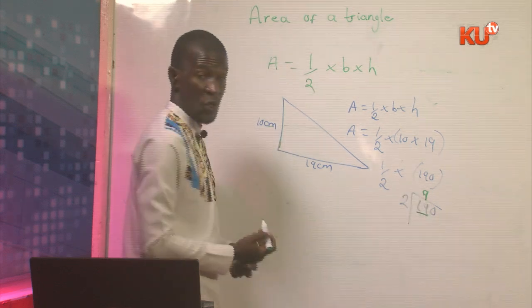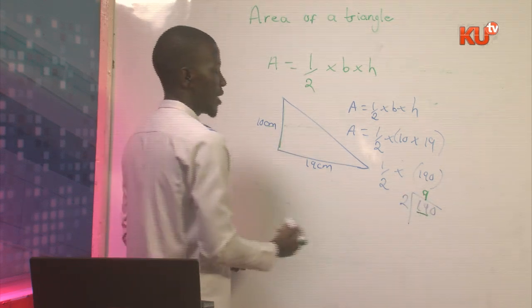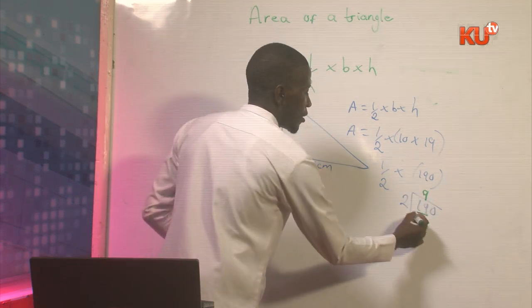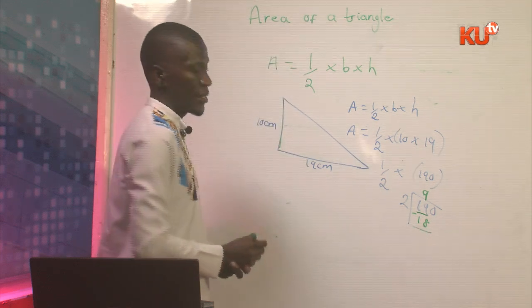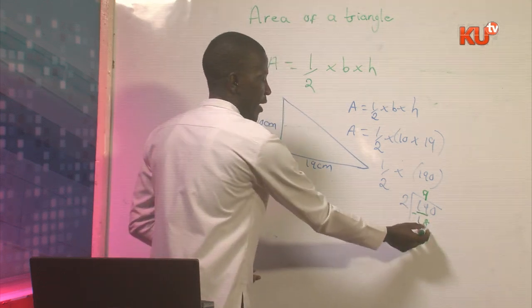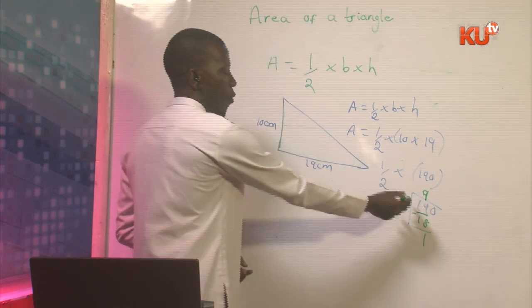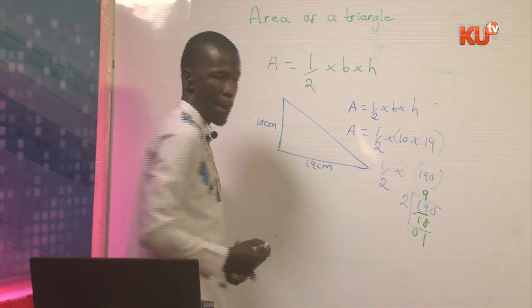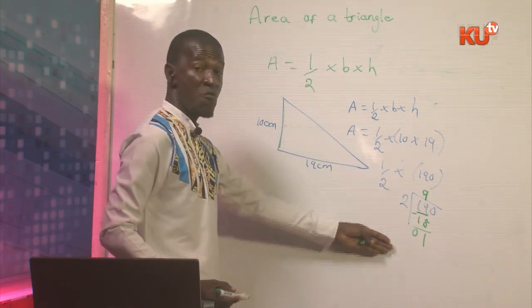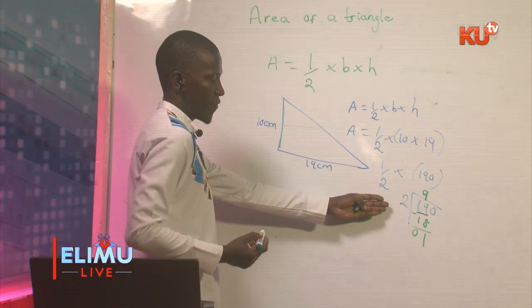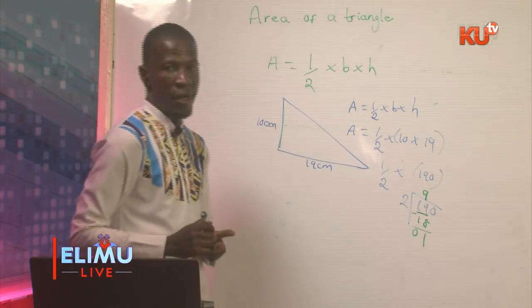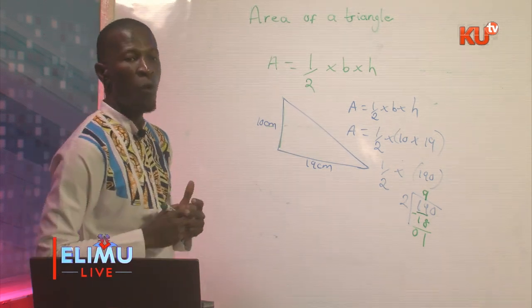What is 9 times 2? 9 times 2 is 18. So you subtract, 9 take away 8, you get 1. 1 take away 1 is 0. So down here you have 1. Then you ask yourself, can 2 go into 1? 2 cannot go into 1.